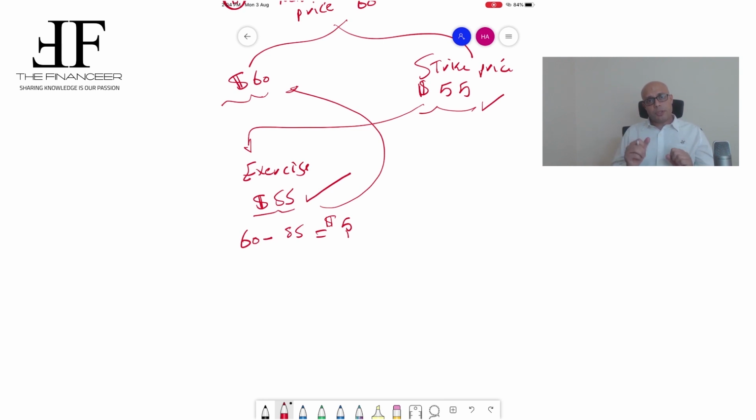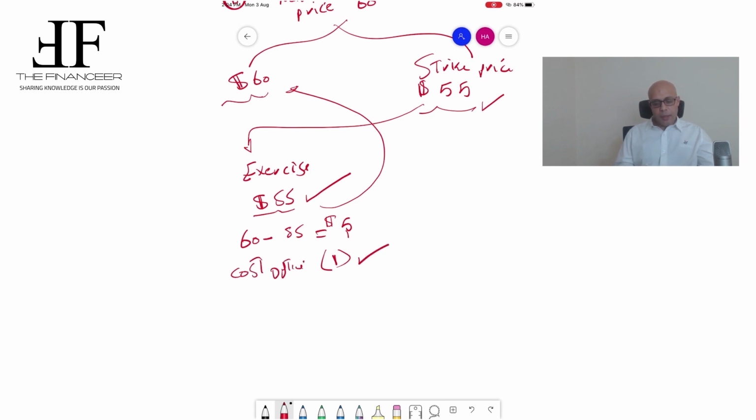But careful, because actually the buyer paid before $1,000 to acquire this contract. If you divide the $1,000 by the 1,000 shares, the result will be $1 cost per share. This is the cost to acquire this option.